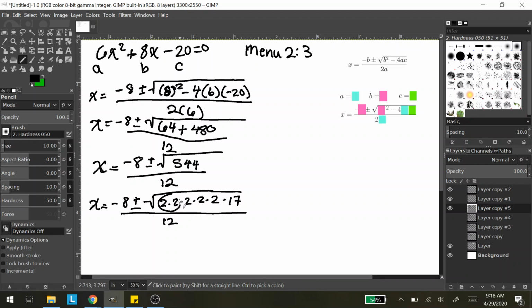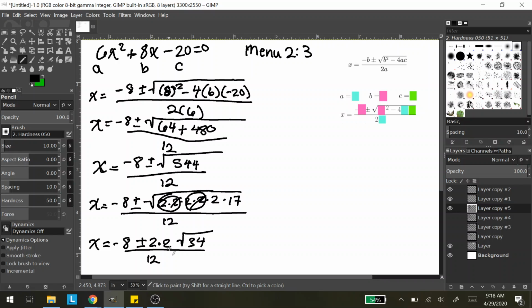Again, we're just going to group them up in groups of 2. Kill one off. So I've got 2 2s that are coming out. And I've got 2 times 17 stuck inside. 2 times 17 is 34. All over 12.